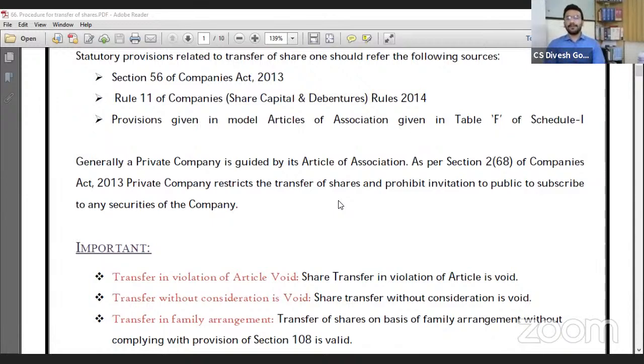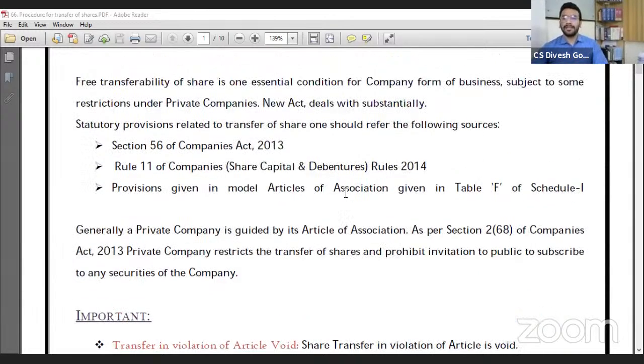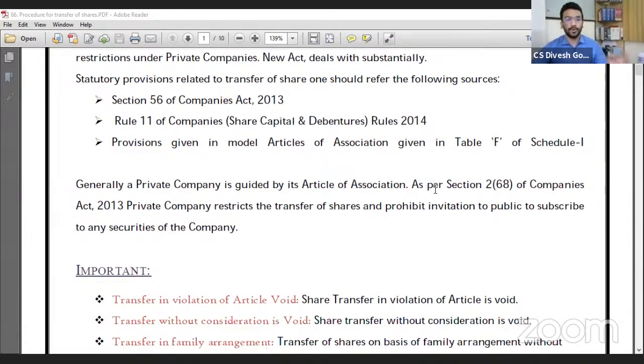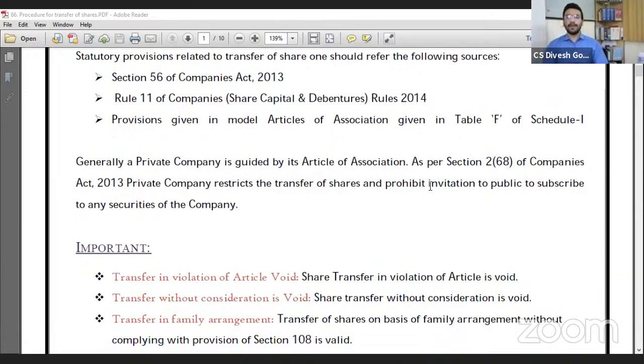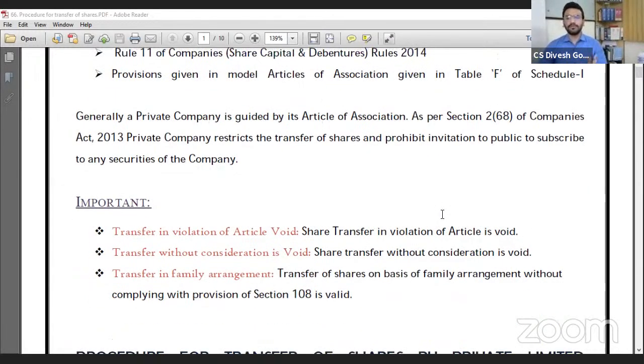Even in the case of private companies, for transfer of shares, companies have to check the Articles of Association given in Table F of Schedule 1, because generally private companies are guided by the Articles of Association. And as per Section 2, Clause 68 of the Companies Act 2013, private companies are restricted from transferring shares and prohibited from inviting the public to subscribe to any securities of the company.